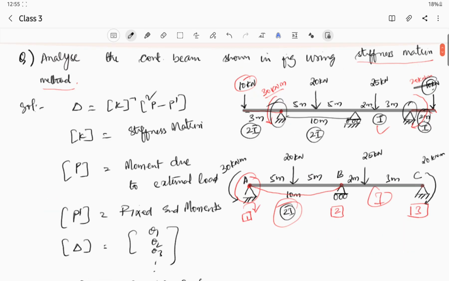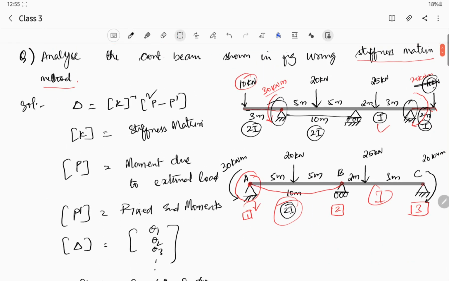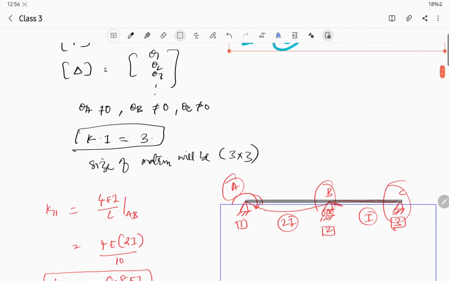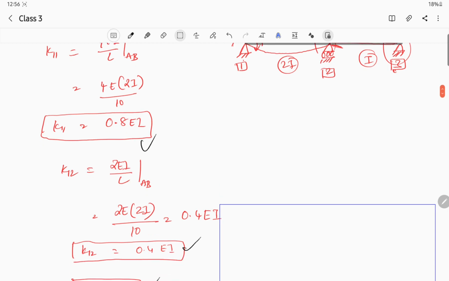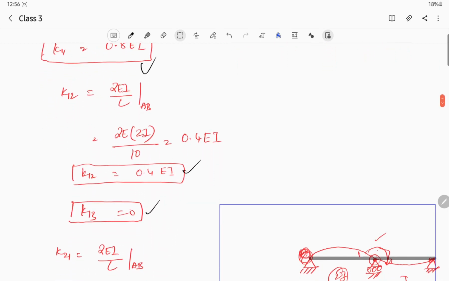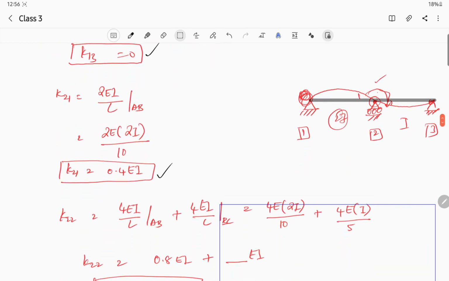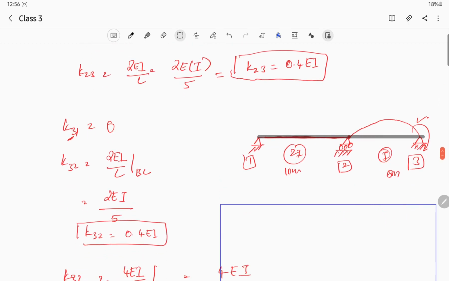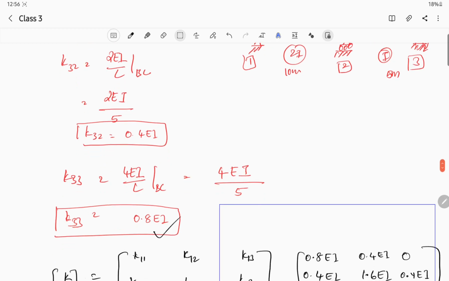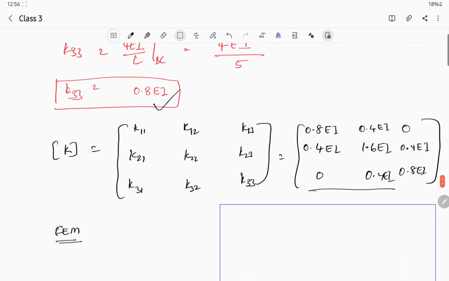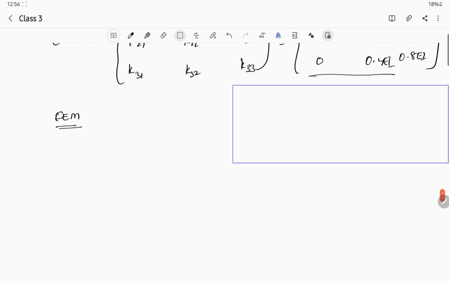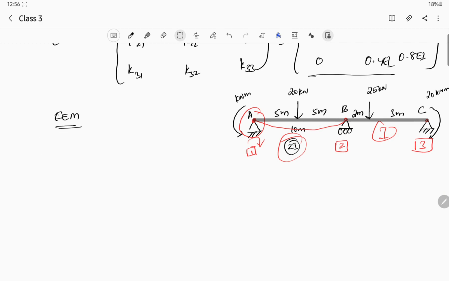So we'll take down this part of the beam, especially this part, and place it here so that it will be easy for us to calculate our moments. So what will be the fixed end moments?